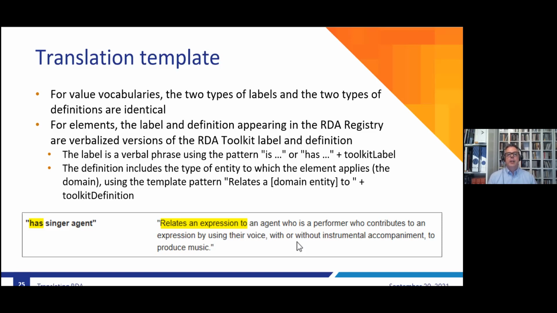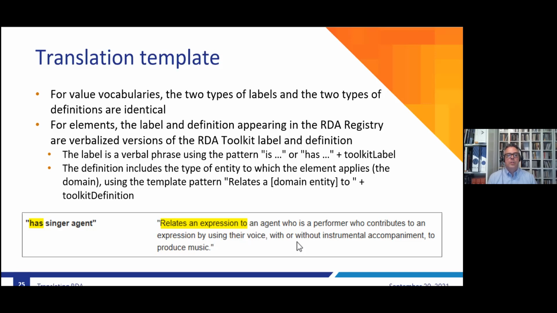Specifically, the label is a verbal phrase using the pattern is or has, followed by the toolkit label. The definition includes, on the other hand, the type of entity to which the element applies, the domain, and uses the template pattern relates a domain entity to, followed by the toolkit definition.